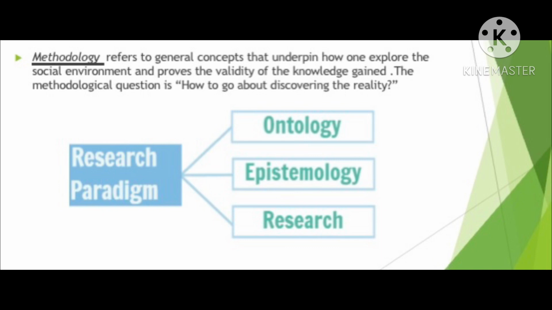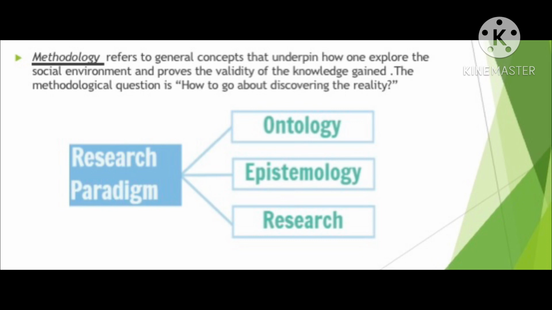Methodology refers to general concepts that underpin how one explores the social environment and proves the validity of the knowledge gained. We got some knowledge, and how can we prove the validity of that knowledge? That process is called the methodology. The methodological question is how to go about discovering the reality, how we can reach the reality.